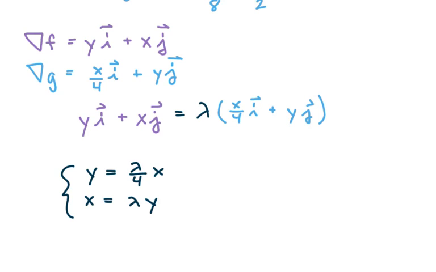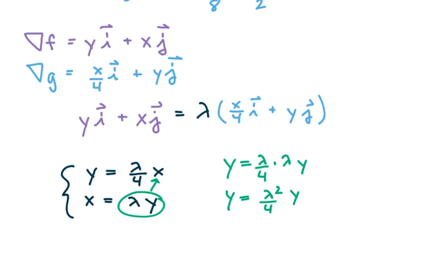We want to solve this system and see if we can determine what lambda is, as well as this x and y that would maximize or minimize the function. So let's see what we can get solving this system. I'm going to sub lambda y in for my x value, and that gives me y equals lambda over 4 times lambda y, or rather y equals lambda squared over 4y.